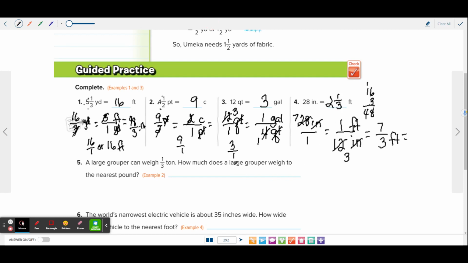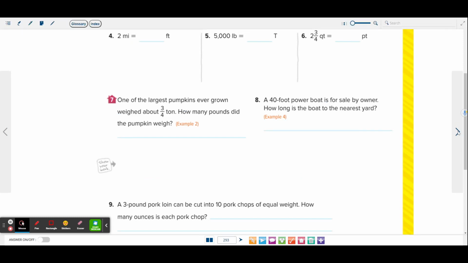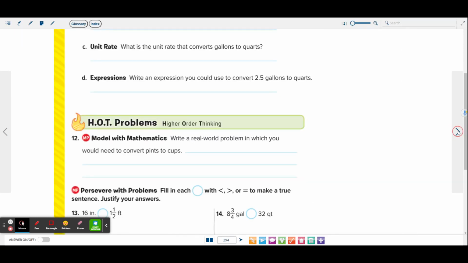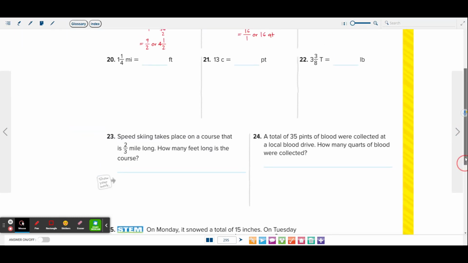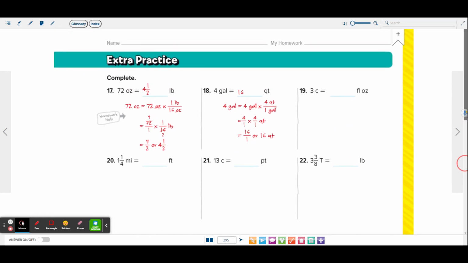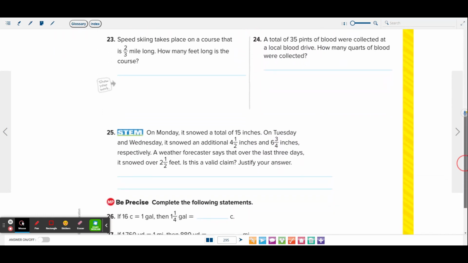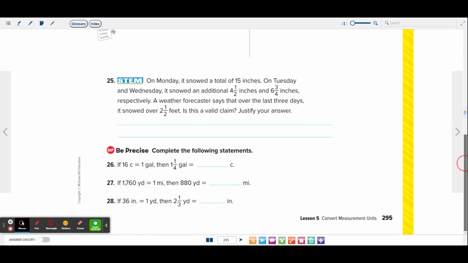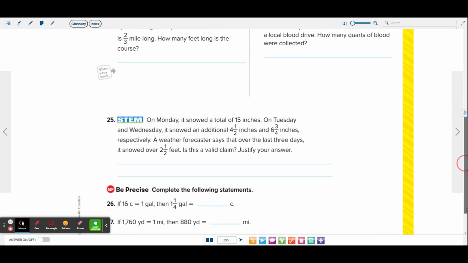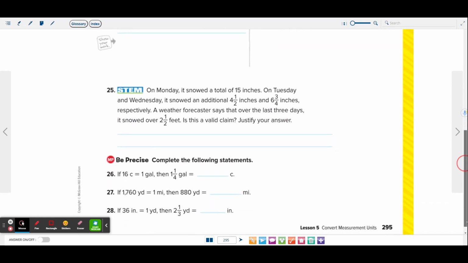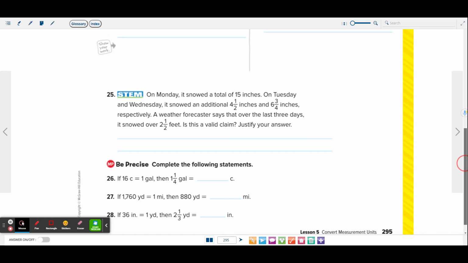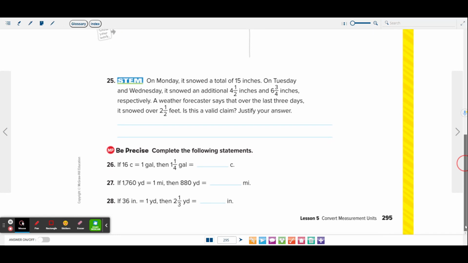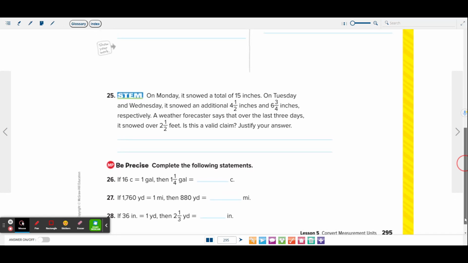Okay. I hope that helps you a little bit with your problems today. And let's see, let's go to the homework. Okay, we are doing page 295, and it'll be 19 to 25. I don't know why I didn't have you do to 28, but I didn't.